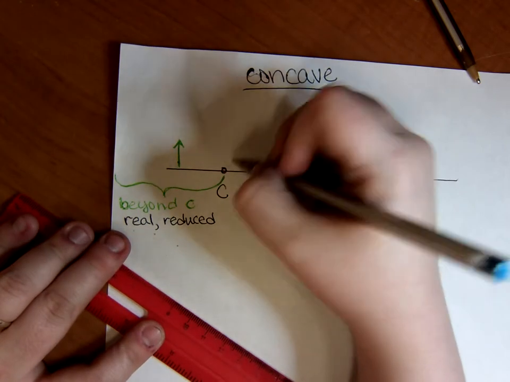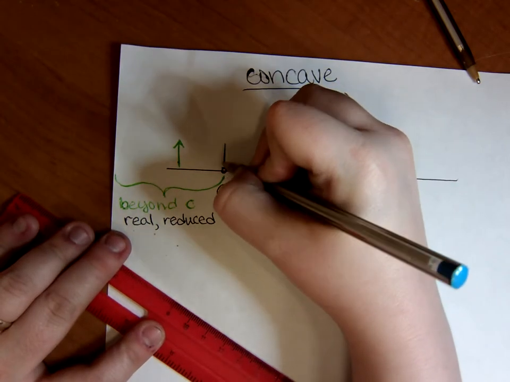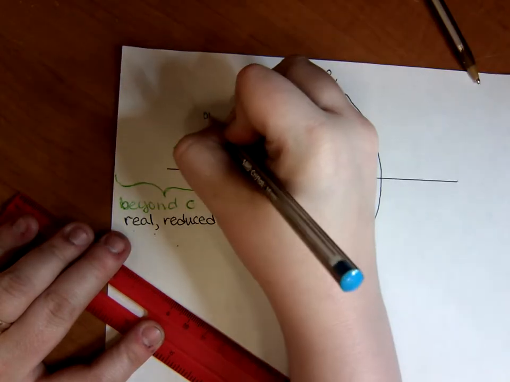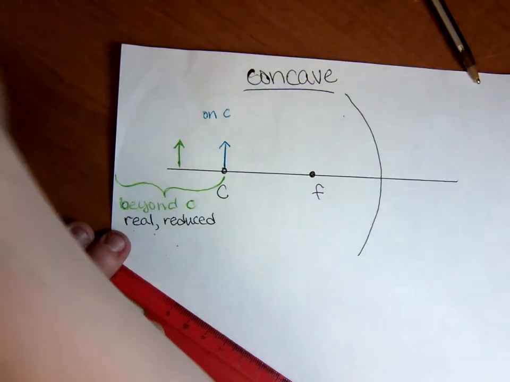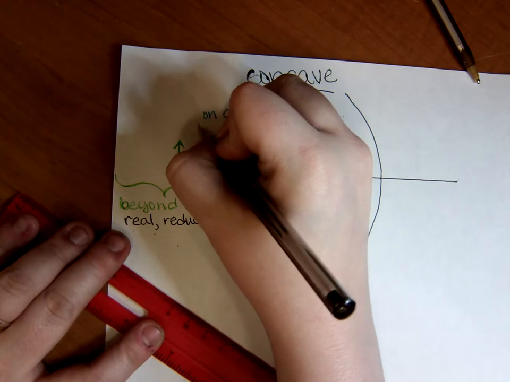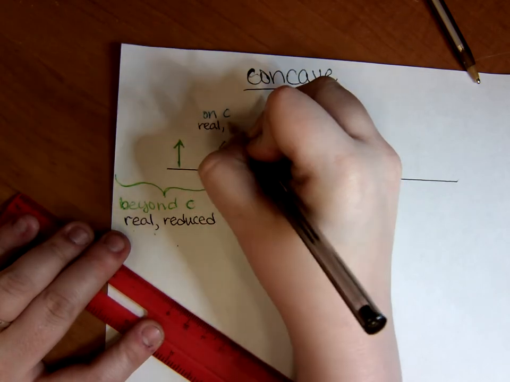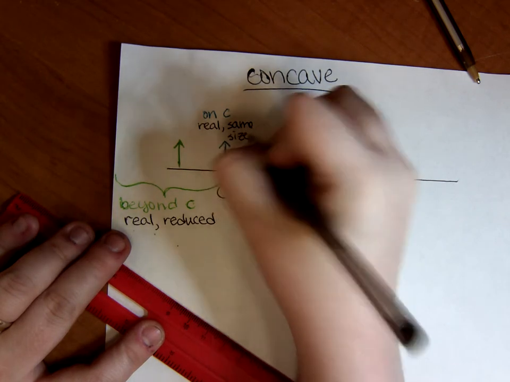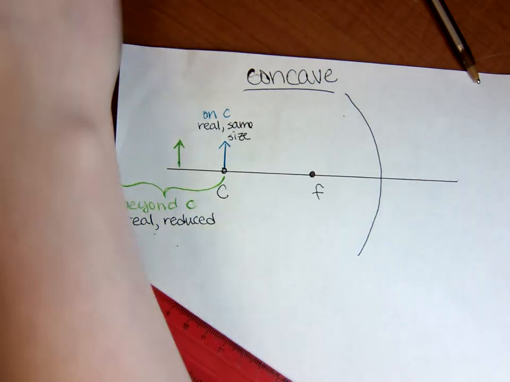Now, what about if you are exactly on the center of curvature? Then your image is going to be real and it's going to be the same size. All right.